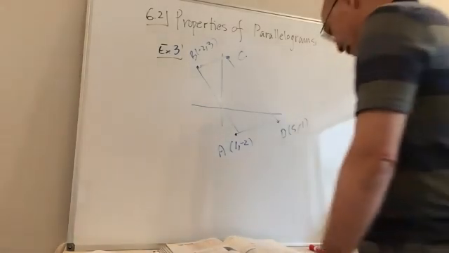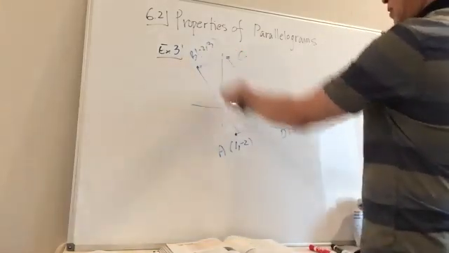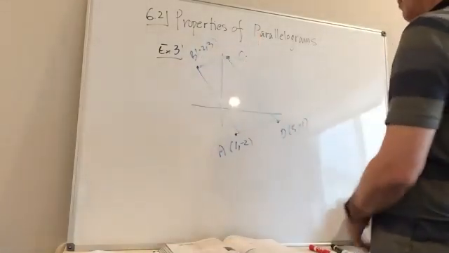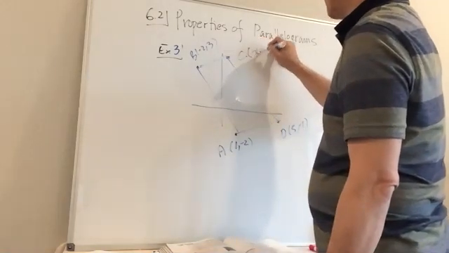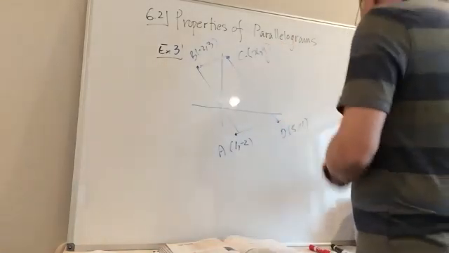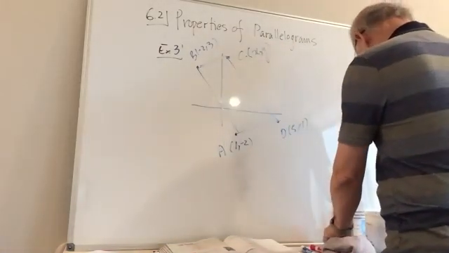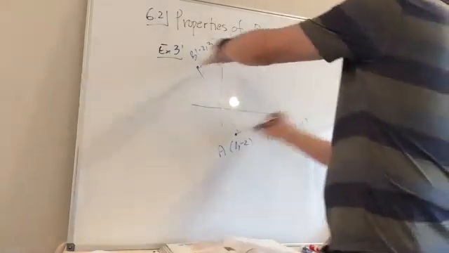So I can do that. What else can I do? I know that this slope and this slope are the same too, right? So if I call this guy X and Y, since I don't know what it is, let's find the slopes and compare the slopes. So let's do these two slopes first.